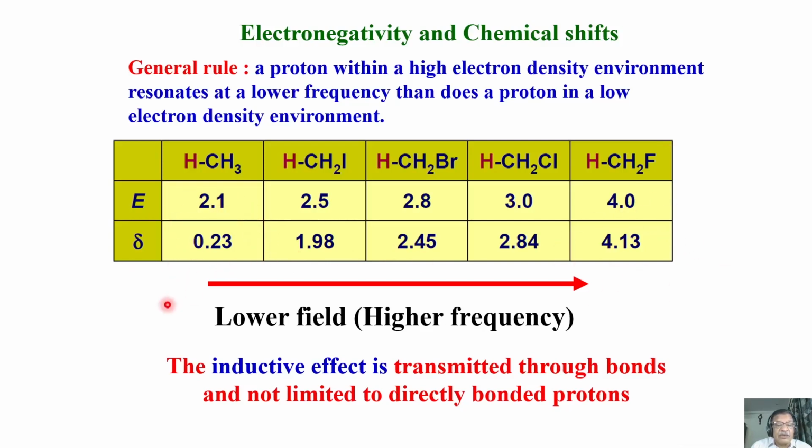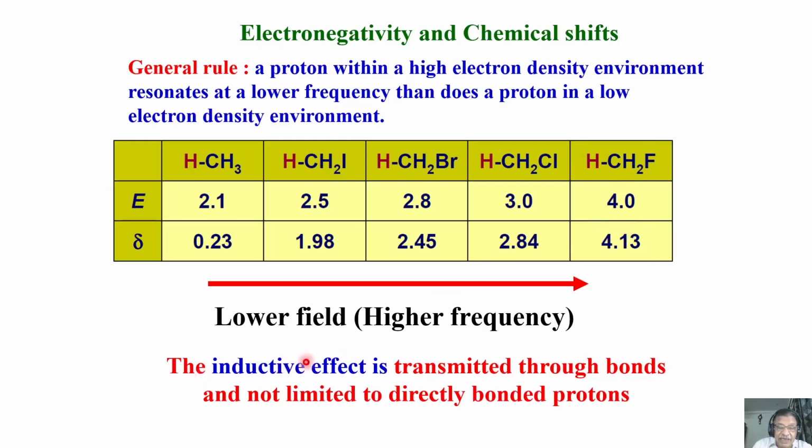Starting without any electronegative substituent, the methane chemical shift was 0.23 ppm. As a function of substitution of different electronegative atoms, iodine, bromine, chlorine, and fluorine, there is a steady change in the chemical shift towards downfield, finally ending at 4.13 ppm for CH3F.